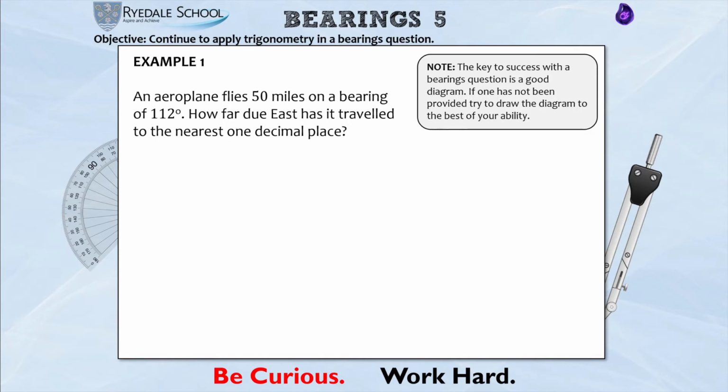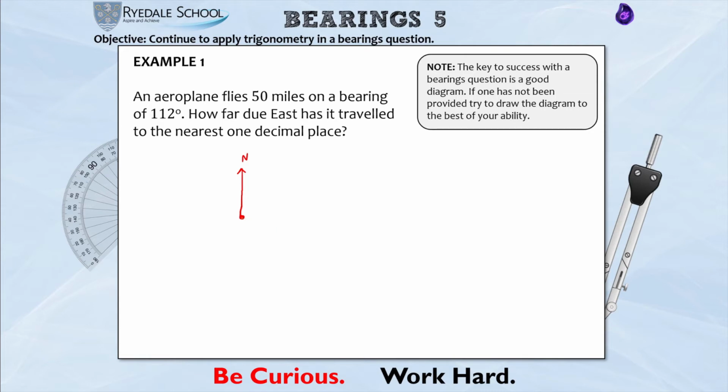So let's start with our aeroplane. If you're ever unsure, I would suggest you put a blob in the middle of the page because then you can pretty much go off in any direction you want. But 112 degrees is going to be a little bit further around than east. So I know if my north line is straight up, then east, 90 degrees, is in that direction.